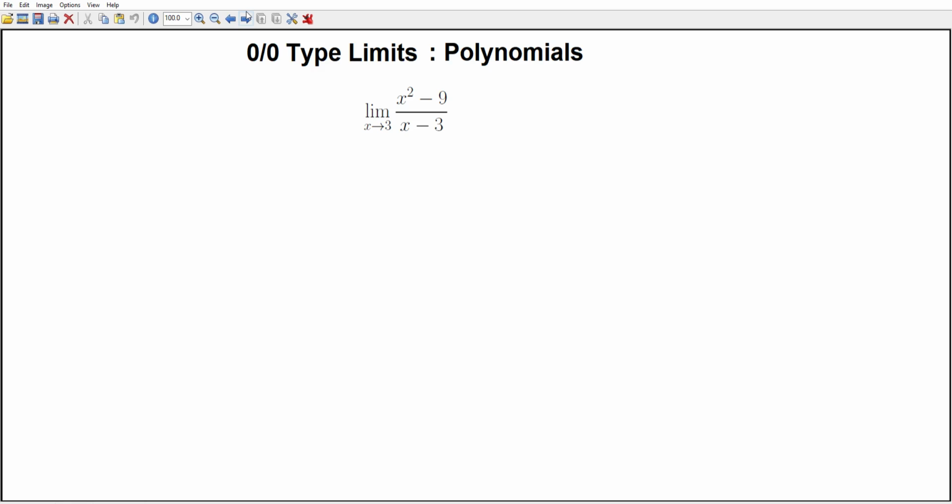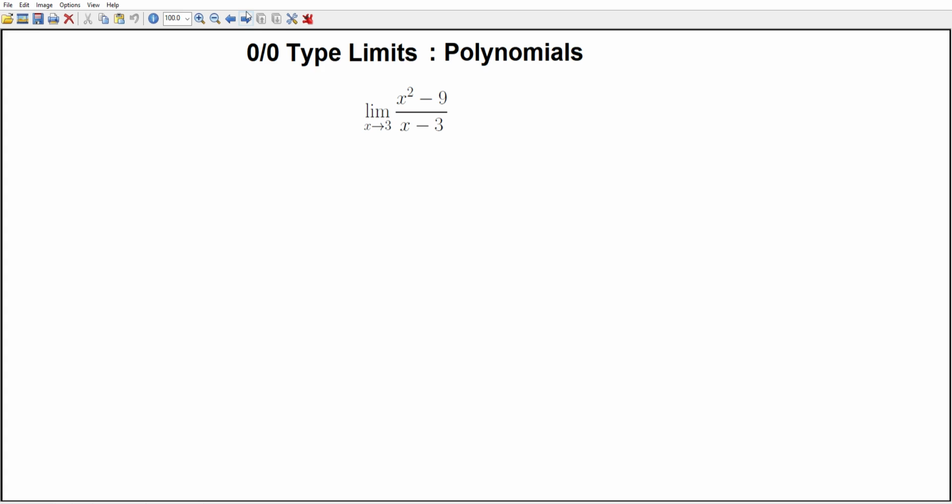This video concerns the limit of quotients of polynomials where both the limit of the top and the limit of the bottom are 0. Such an example is the limit as x goes to 3 of x squared minus 9 over x minus 3.